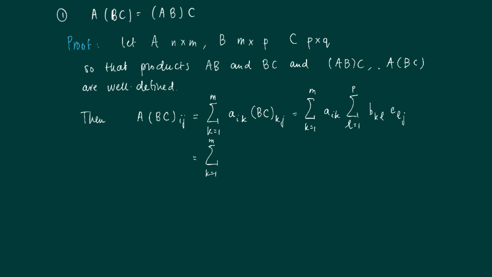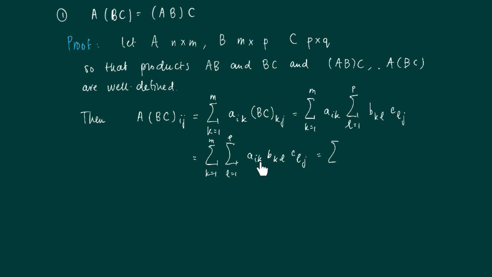So if we look more carefully at this sum, then this a_ik does not interfere with the sum here, so we can get this sum on the left. Or another way of seeing this is to remove a_ik to the right-hand side of the summation.